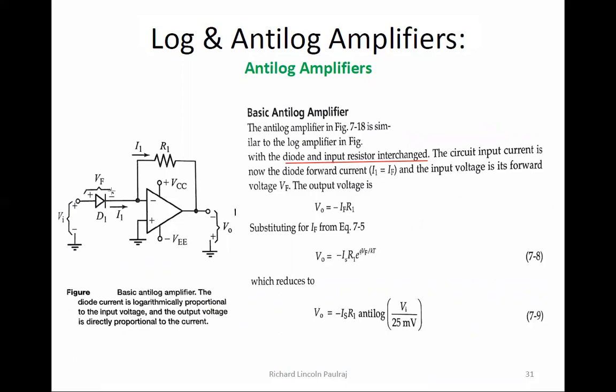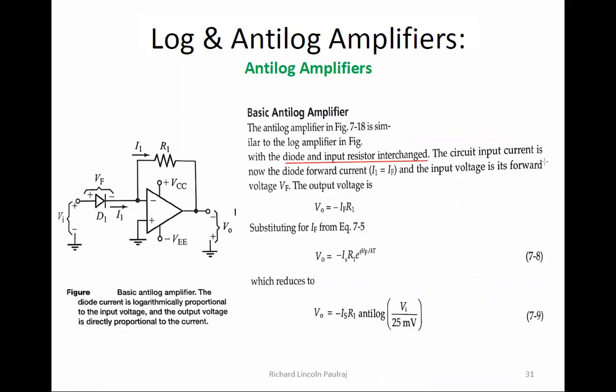Whatever current is here, which is I1, is also IF, the forward current of the diode. Remember, diodes work only when they are in forward bias connection. If they are in reverse bias, they do not function. Please keep that in mind.